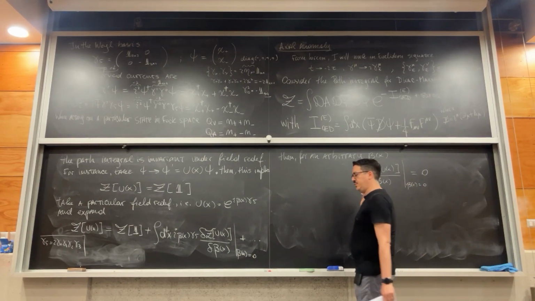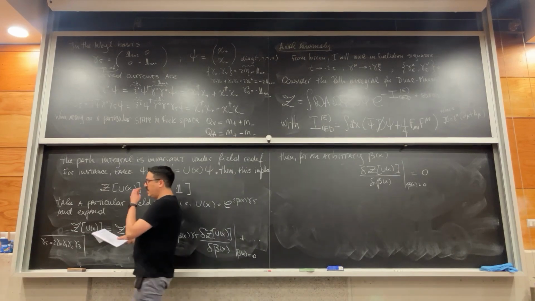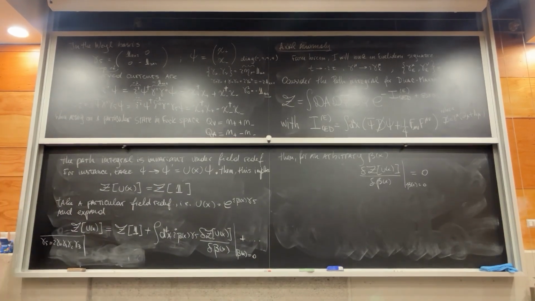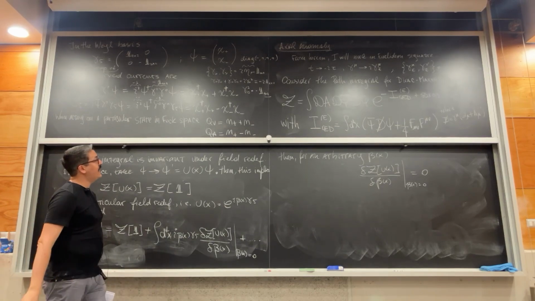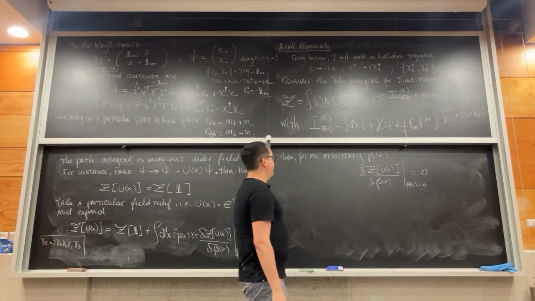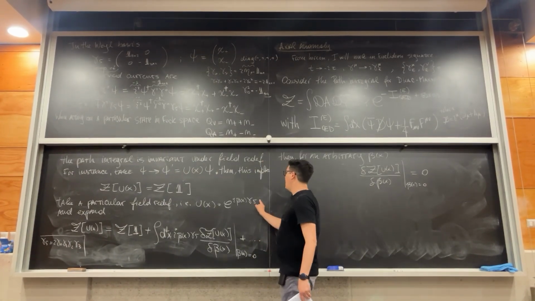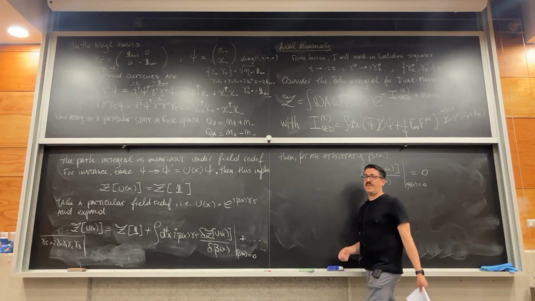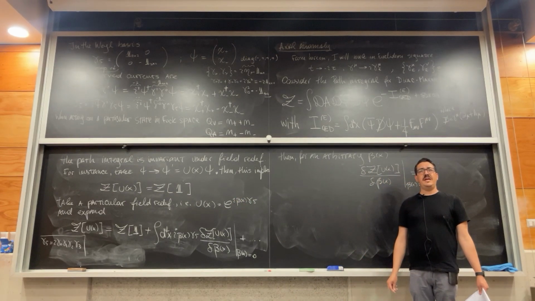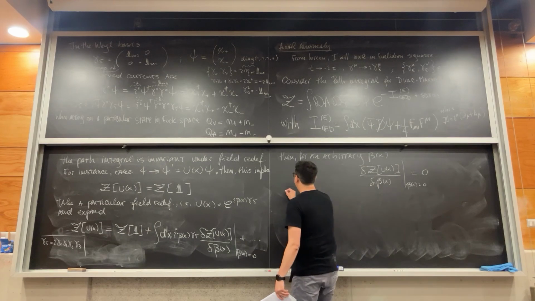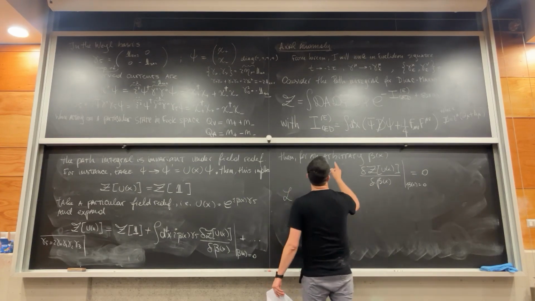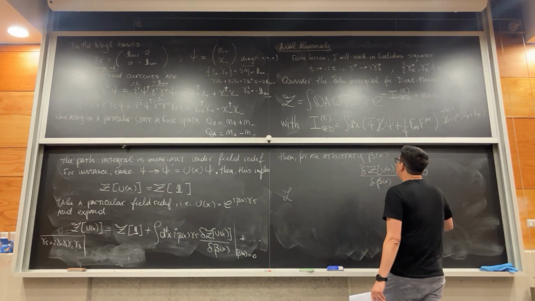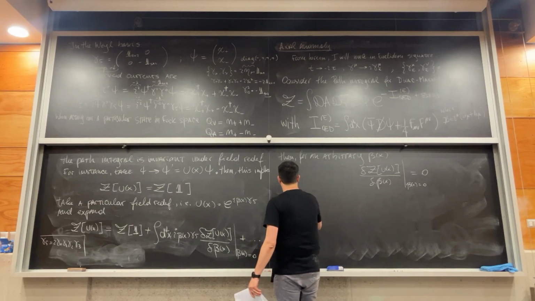And this is super useful to derive the Ward-Takahashi identities in general. For instance, consider how the Dirac Lagrangian changes by this local field redefinition. How does it change? So let us take the QED Lagrangian.